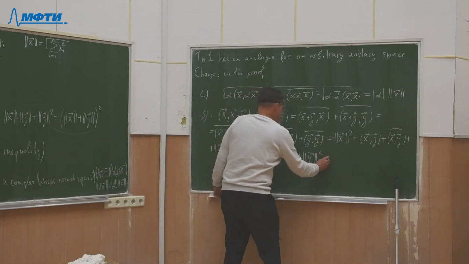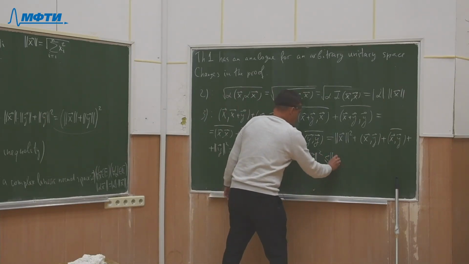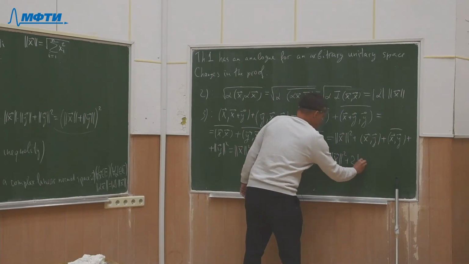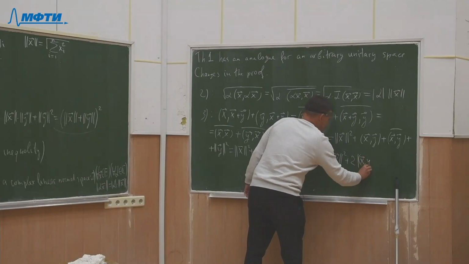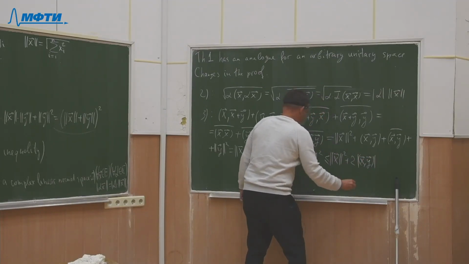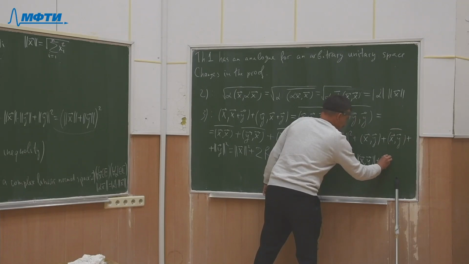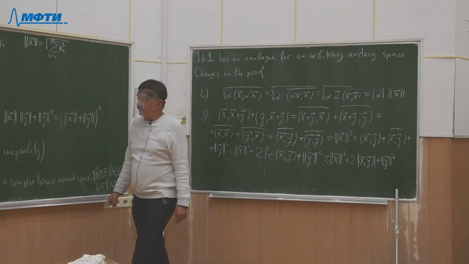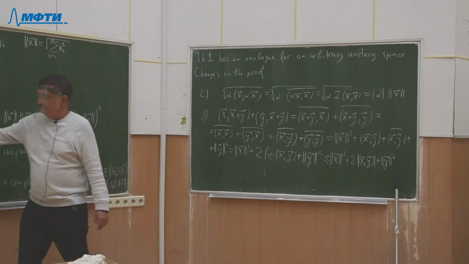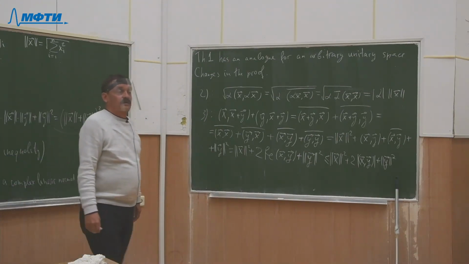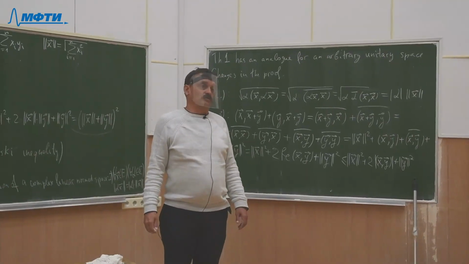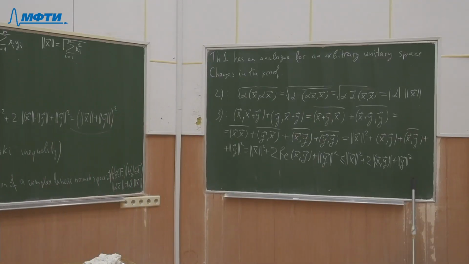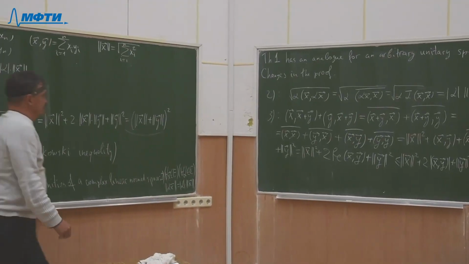So we write once again norm x squared plus 2 modulus of this inner product or scalar product, and then finally we can apply once again Cauchy-Bunyakovsky fact, right?